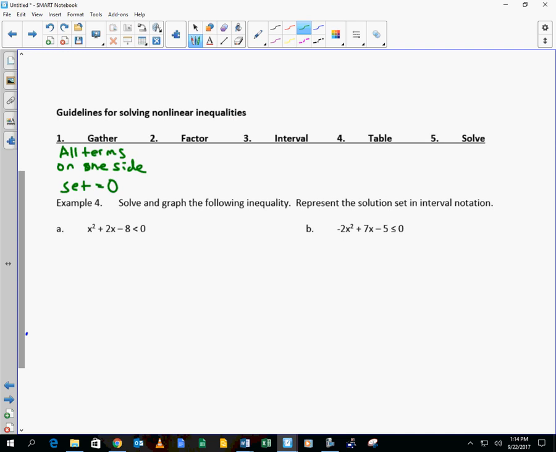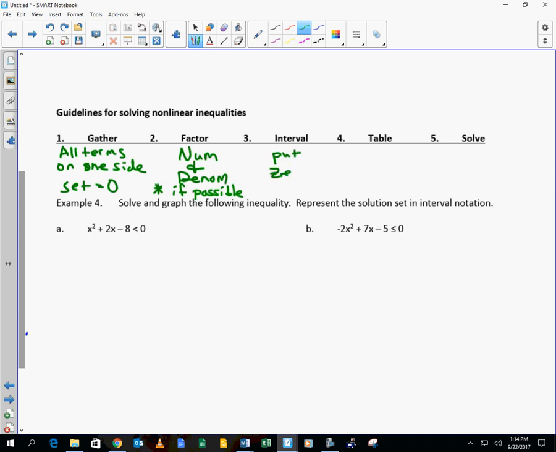Second of all, you want to write it as a factored expression. If it's a rational expression, factor the numerator and denominator. But I'll note, just if possible, it might not be possible to factor the numerator or the denominator. Create an interval.